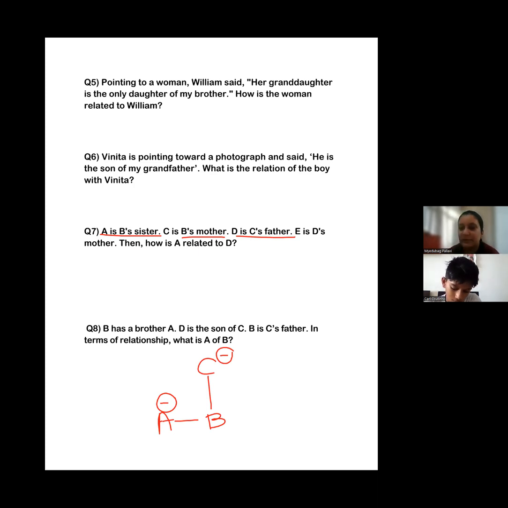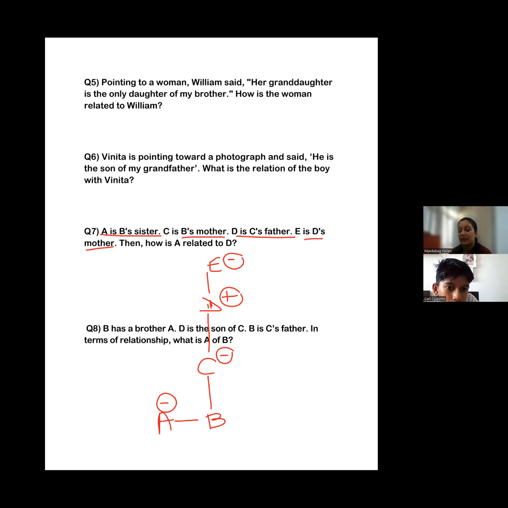Okay. D is C's father. Now C's father, that means again one generation up will be D with plus sign. E is D's mother. Okay, so D's mother, that means it is the fourth generation.